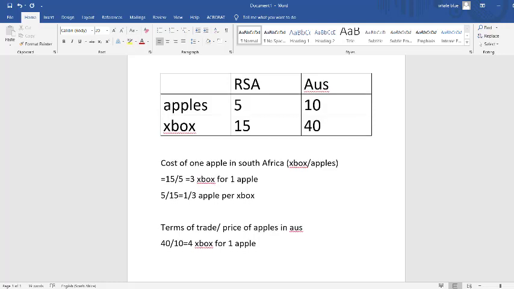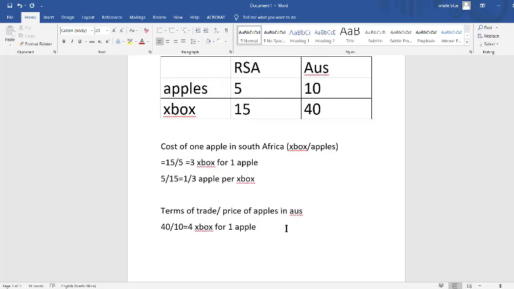If you had to look at the terms of trade or the cost for every X box in Australia, we would take your apples and divide it by the amount of X boxes, and then it will give you 0.25 or a quarter. 0.25 apple per X box. So the price of an X box in Australia, which is only a quarter, is much smaller than the terms of trade in South Africa, which is the 1/3.